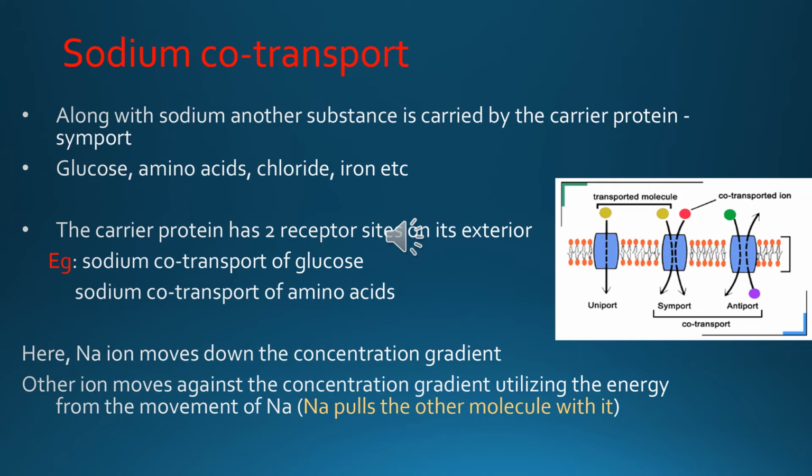When both these substances get attached to the carrier protein, a conformational change occurs so that the sodium ion and glucose will be released into the cell. This sodium co-transport occurs in the intestine during the absorption of glucose, and in the renal tubules during the reabsorption of glucose from the filtrate.